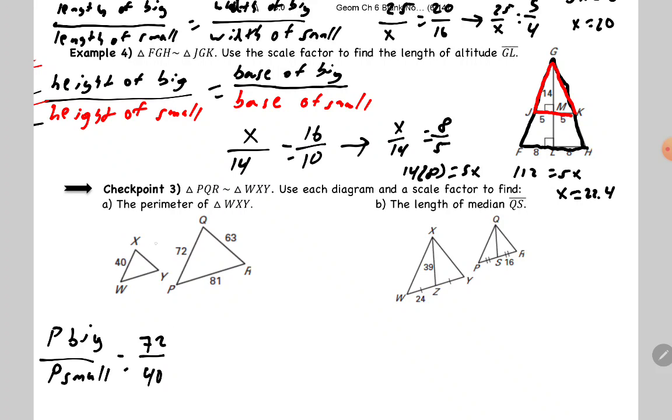Because we're using the left side of the big and the left side of the small.